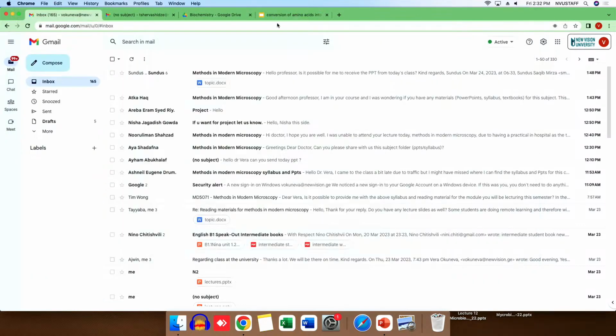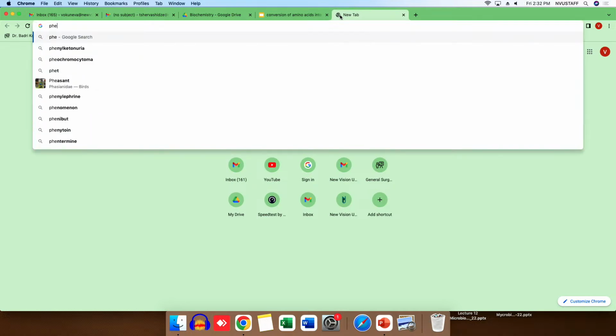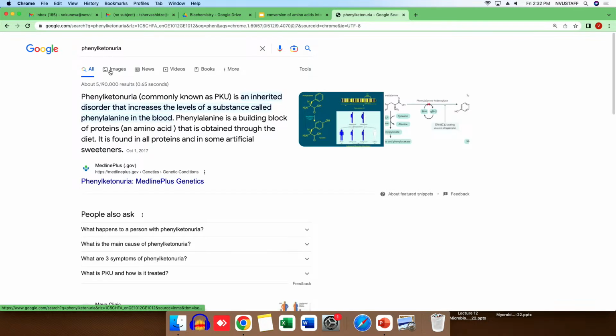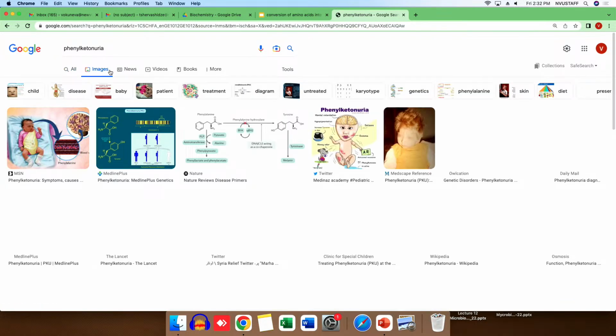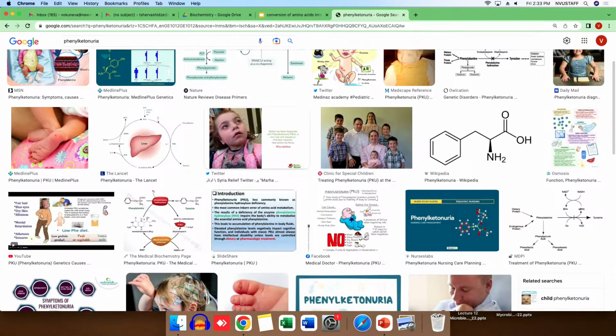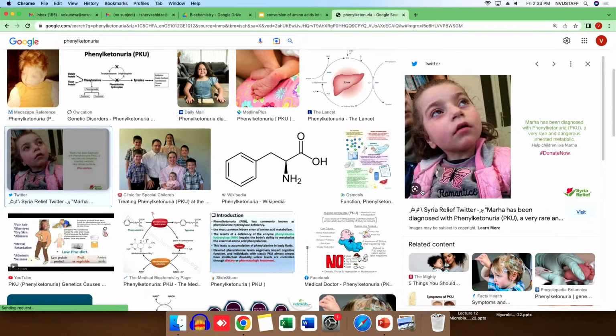Maple syrup urine disease, and before I go there, I would love to show you a picture of a baby with phenylketonuria. This is probably the classical picture of a baby with phenylketonuria. Please pay attention to her.